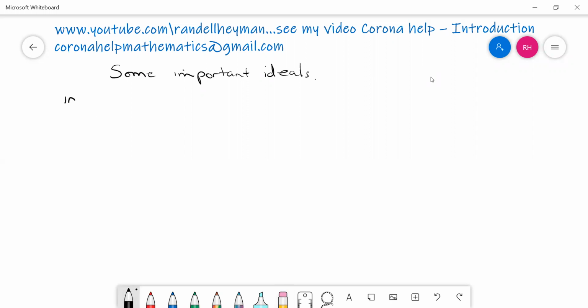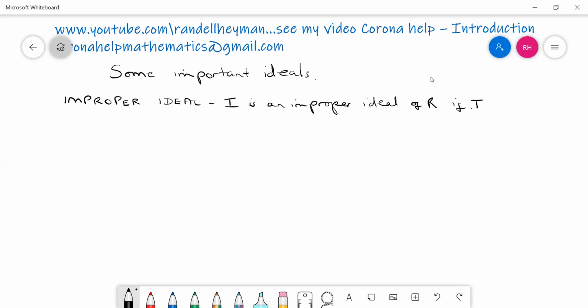An ideal I of R is an improper ideal if I equals R. So a ring is actually itself an ideal in the ring.